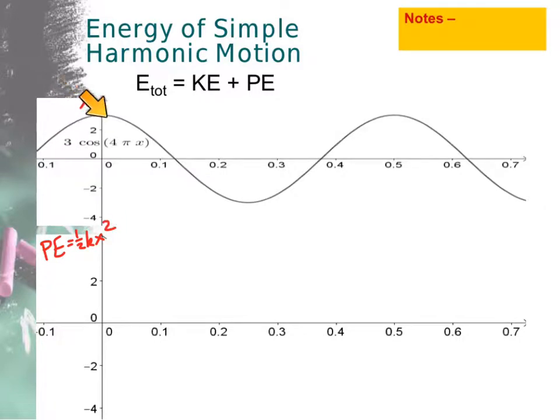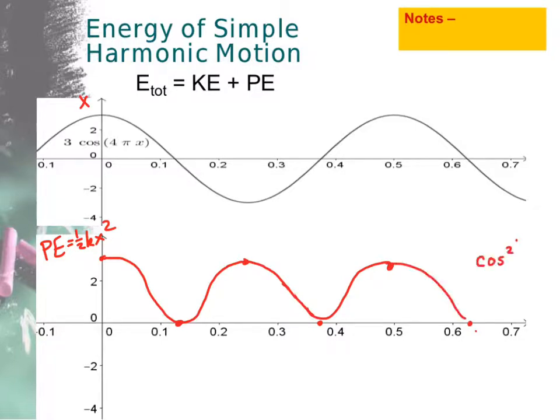So I'm going to plot this squared. It's going to have this shape right here, the shape of cosine squared of x. And then let's plot the kinetic energy. The kinetic energy is equal to 1/2 mv squared.